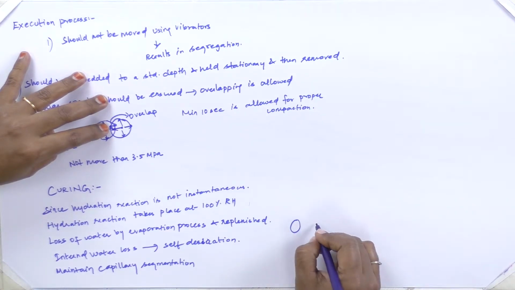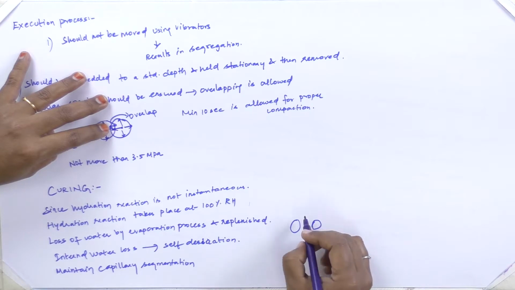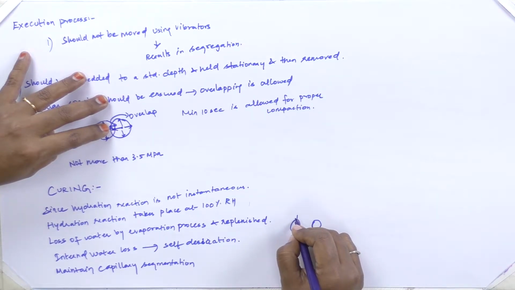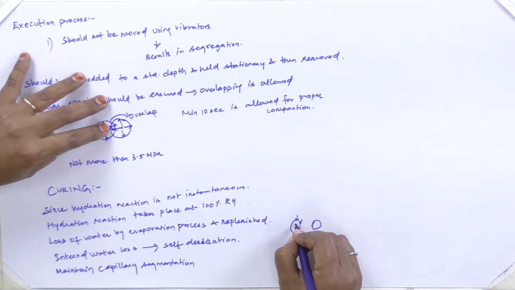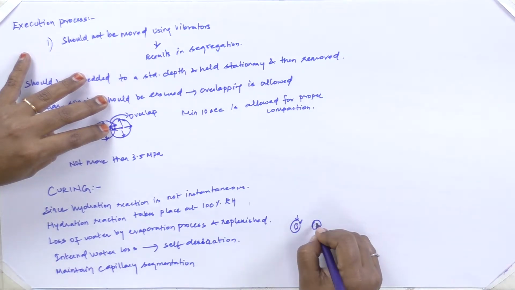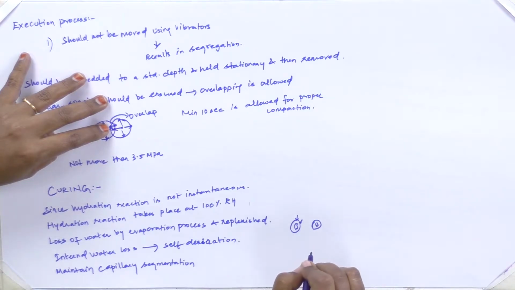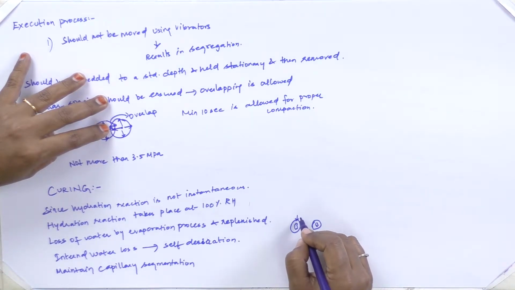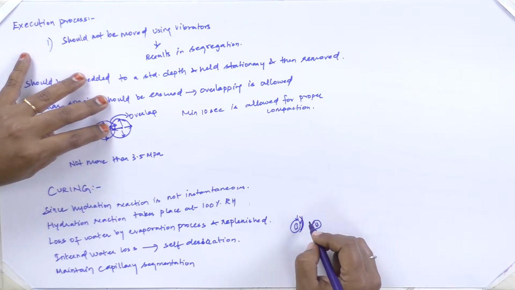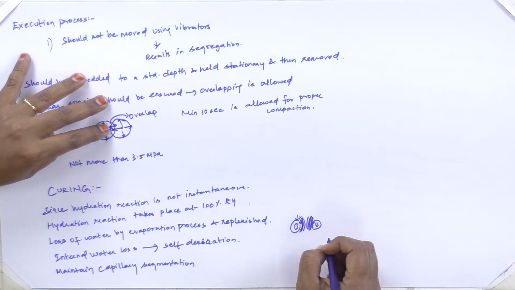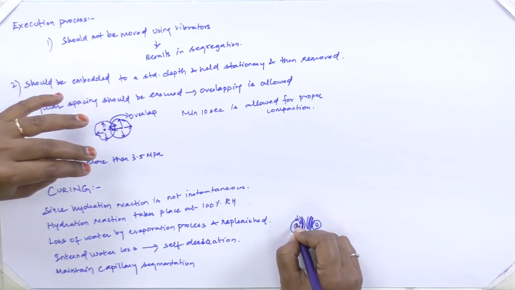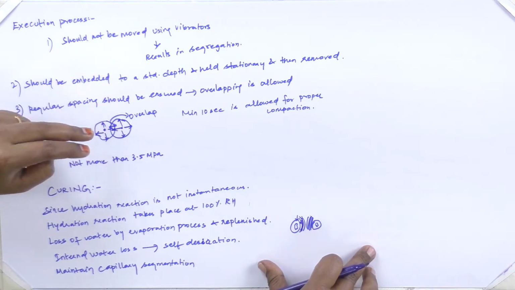If this is a cement particle and this is a cement particle, then the hydration reaction proceeds from the outer surface, so some remaining inside unhydrated cement portion will be there. So if a proper curing system is allowed, then it ensures that all the cement products are being hydrated.